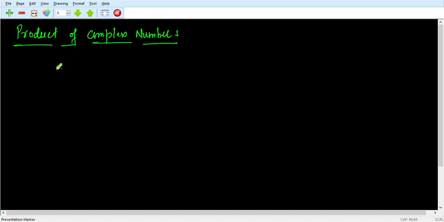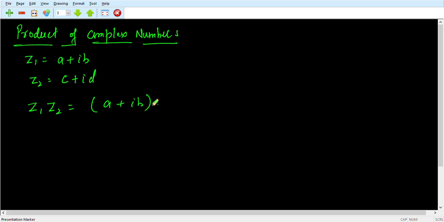Let us suppose I have two complex numbers. Z1 is equal to a plus iota b and Z2 is equal to c plus iota d. So Z1 into Z2 will be equal to a plus iota b into c plus iota d. I am going to multiply a with c.